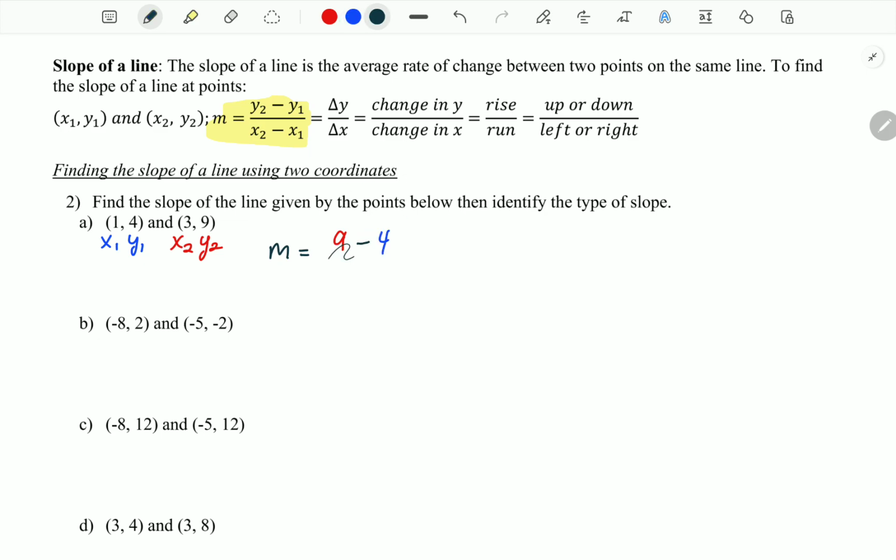And that's going to be divided by x2 minus x1. x2 is 3 minus x1, which is 1. 9 minus 4 is 5. 3 minus 1 is 2. So the slope of the line is 5/2.